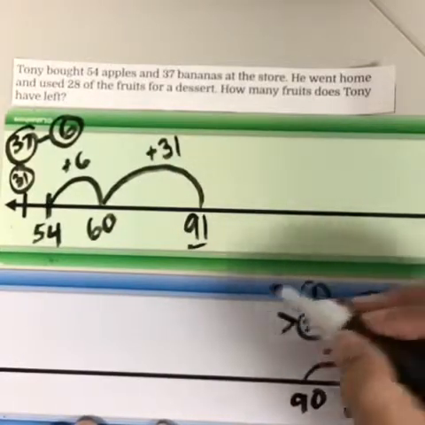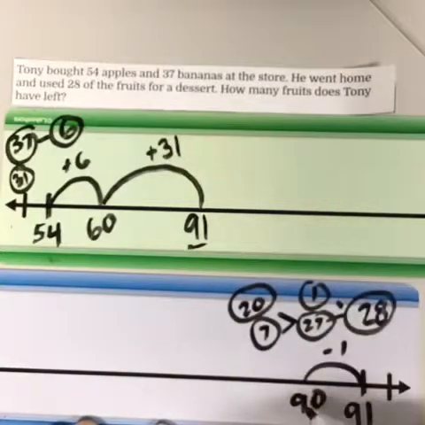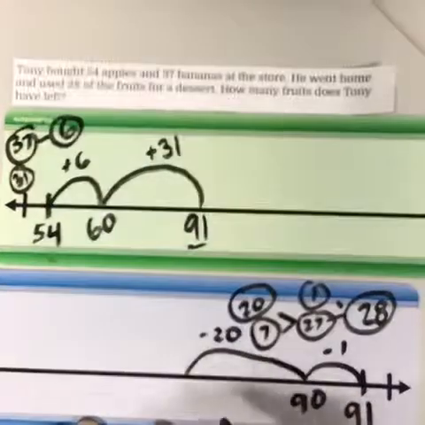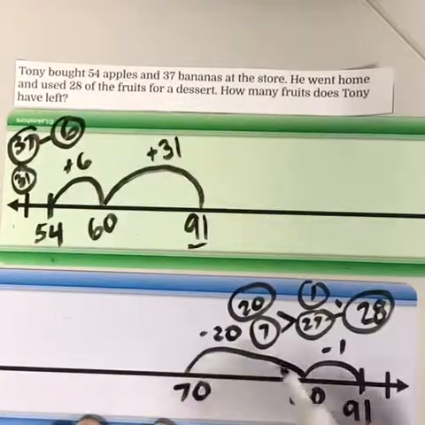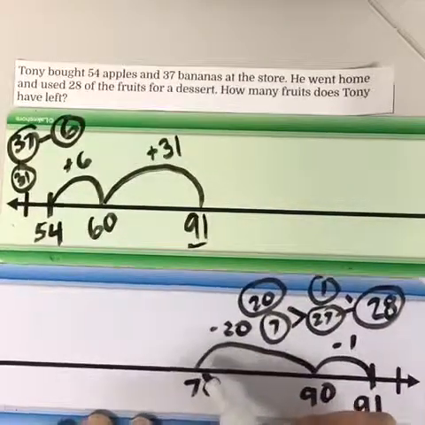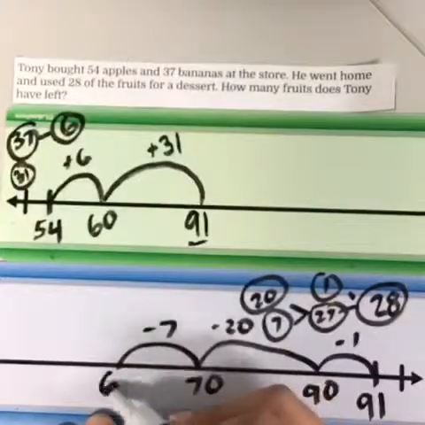So they might break that into 20 and 7 at this point, because they may be able to easily do 90 minus 20 and know that this equals 70, but they know they still need to take away 7 more, and a learner may be able to, in their head, quickly do 70 minus 7 to equal 63.